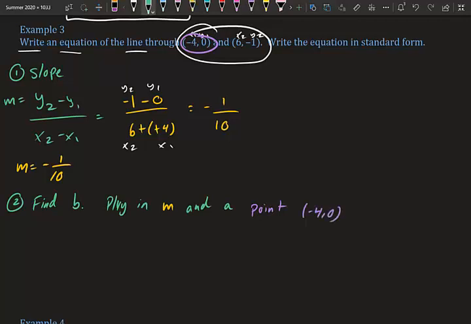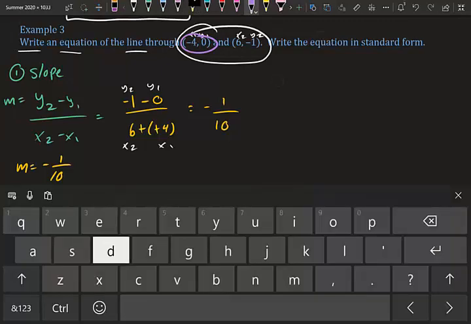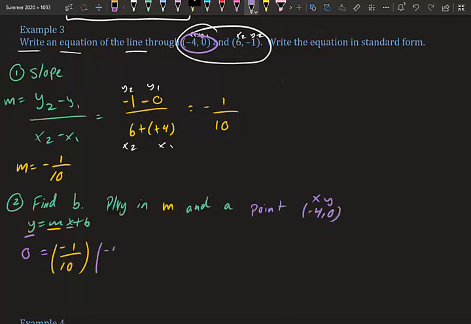And what we plug it into is y equals mx plus b. So we have our point, x and y. So we have 0 equals m, which is negative 1 over 10, times x, which is negative 4, and since it's a fraction, I'm going to put negative 4 over 1, and that's plus b.